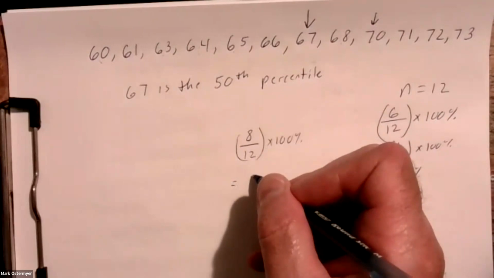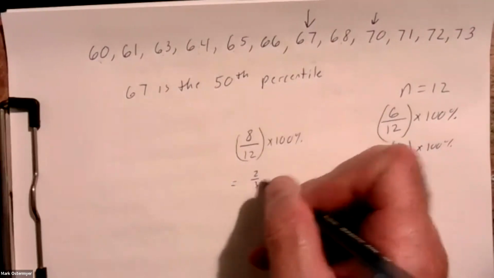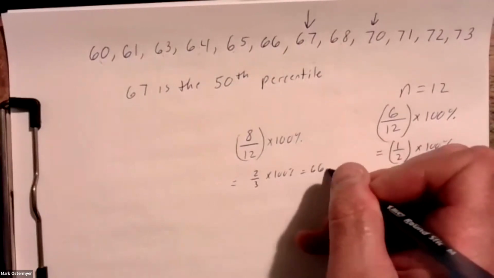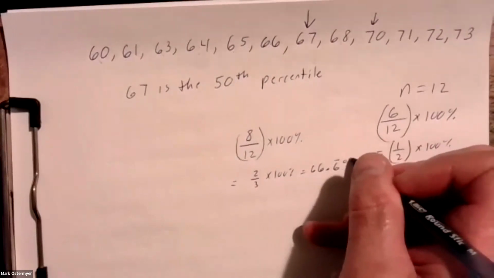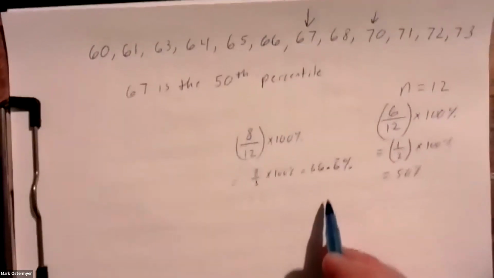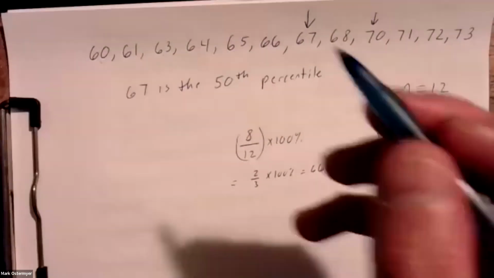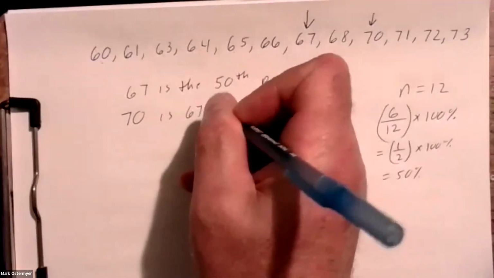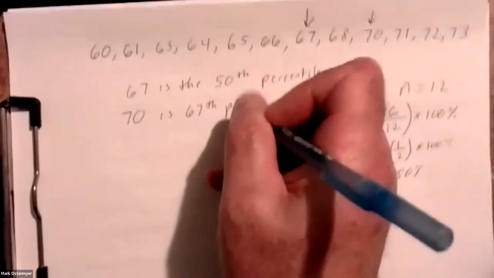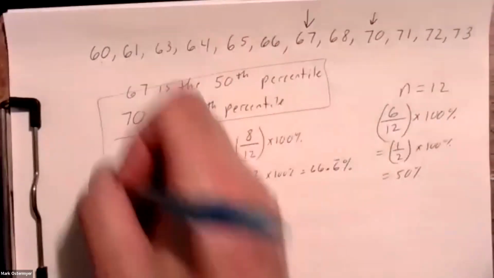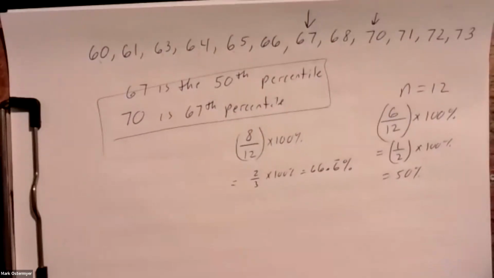That reduces to 2/3 times 100%, which is about 66.666666%. Do you agree? So you might want to bump this up and call it about the 67th percentile. 70 is the 67th percentile. Is that making sense, how we're computing these percentile ranks for these data values once our data set is ordered?